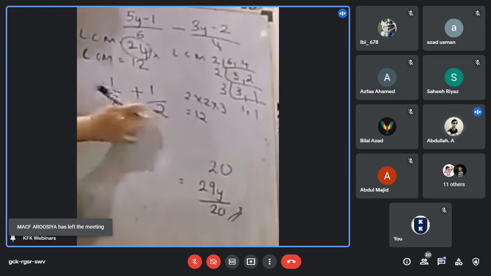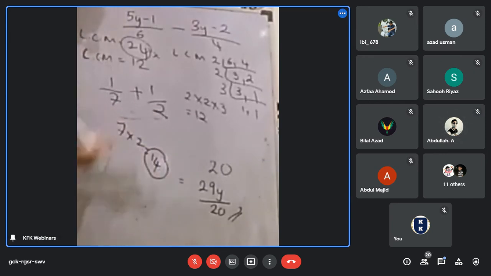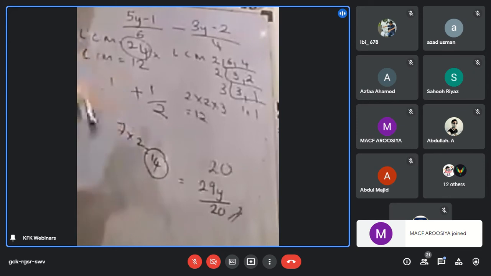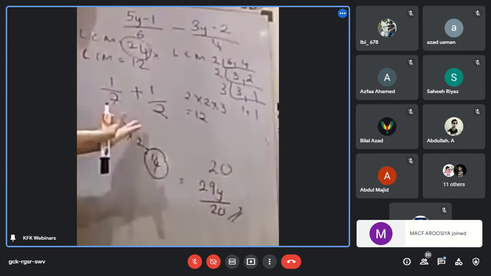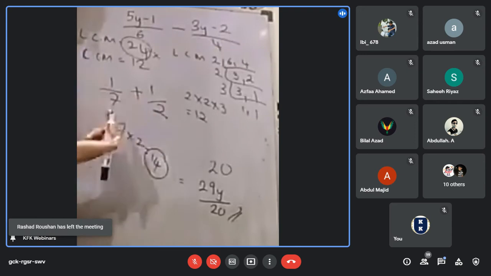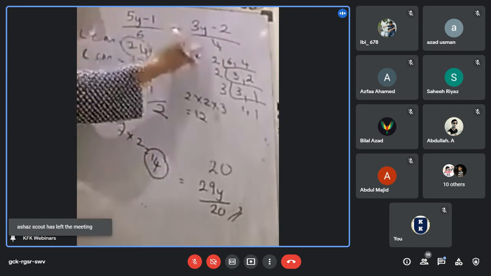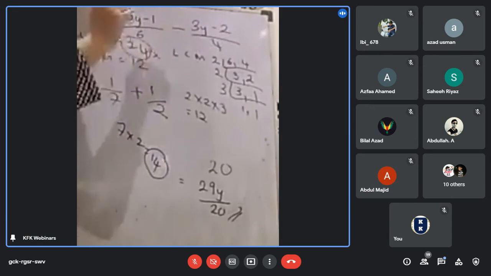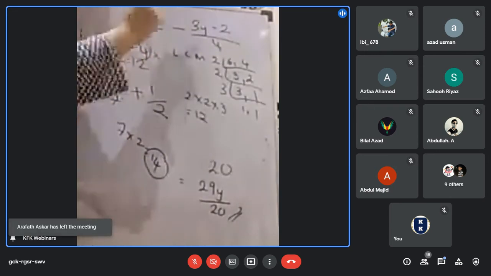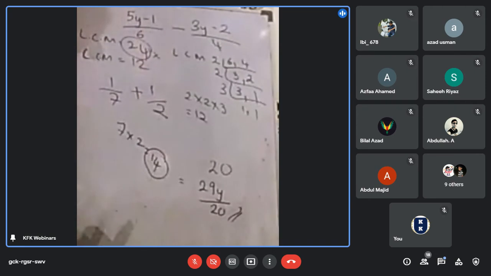Therefore, you can directly multiply 7 into 2, and that will be your LCM. Here, 6 and 4 are not prime numbers, so it is always the best choice to work out the LCM. Therefore, the LCM of 24 was wrong.